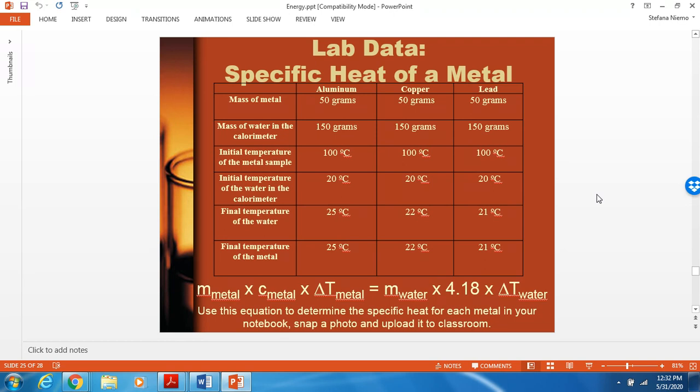Knowing that Q in has to be equal to Q out, we know that the amount of energy absorbed by the water has to be equal to the amount of energy released from the metal, and therefore mc delta T for the metal has to be equal to mc delta T for the water. And therefore, we can use that equation to determine the specific heat of each individual metal. So you're going to do those three, write them in your notebook, take a picture, and upload them to Classroom.